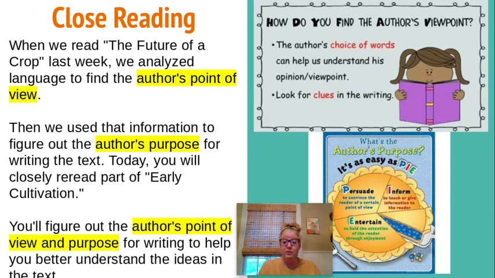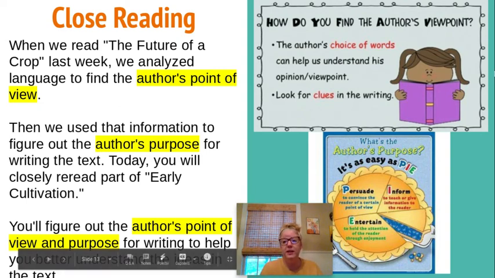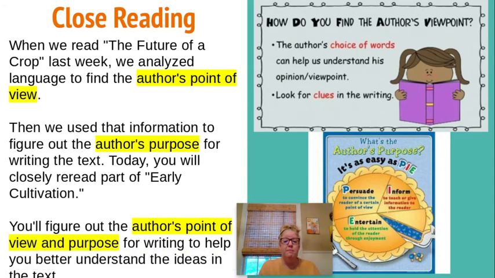Right? The author wrote something just so the reader would have something enjoyable to read. And as we're reading, we're also going to see if we can figure out the author's viewpoint, right? What choice of words does the author use? Maybe there are some clues that tell us if there's something the author's trying to tell us about this particular topic.